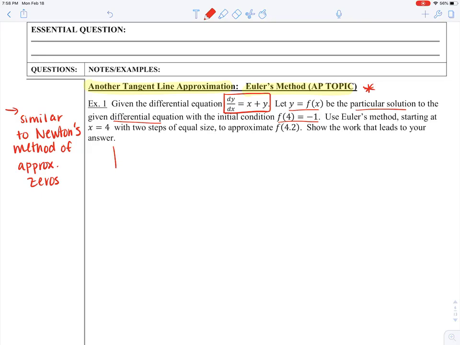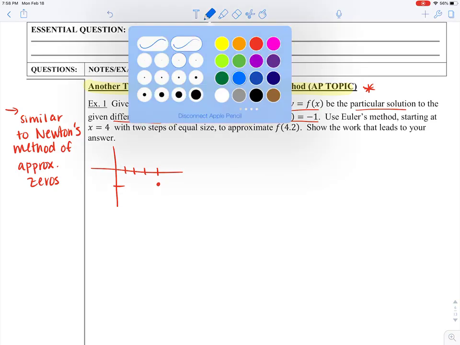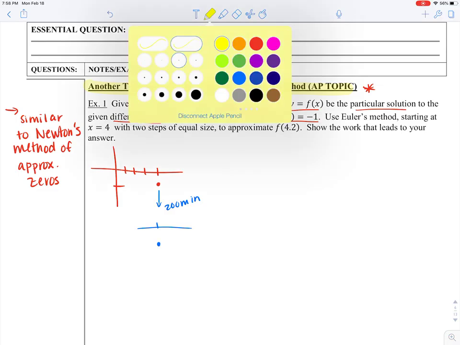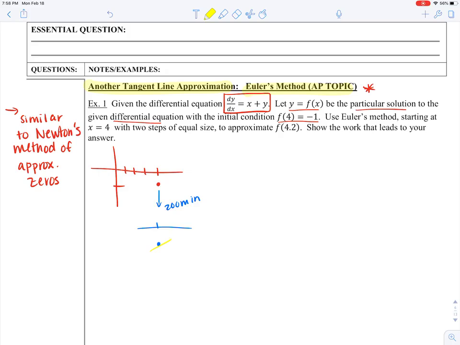So if I were to graph this initial condition, this 1, 2, 3, 4, -1. And I could take my differential equation and I could build a tangent line there. So imagine for a second, let's zoom in. So here is 4, here's this point, and I build a super tiny tangent line right there, okay?